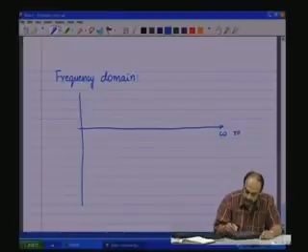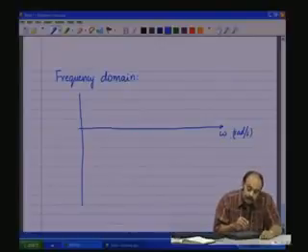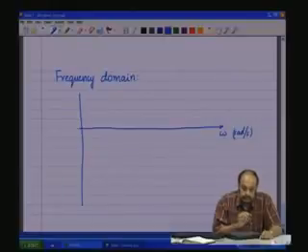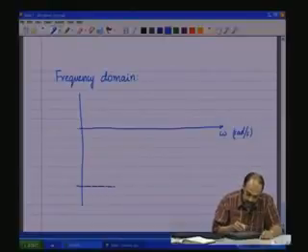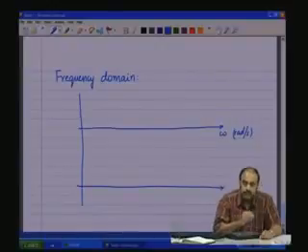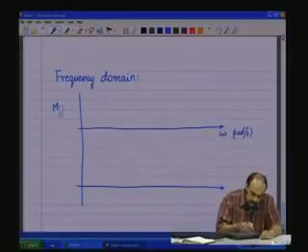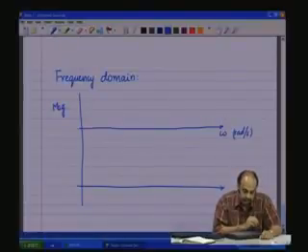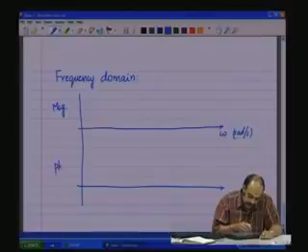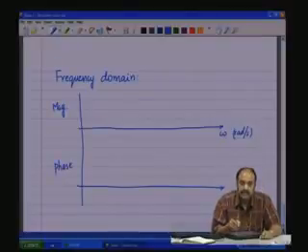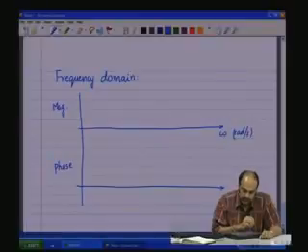Omega is basically the radian frequency. Here there are two major plots that need to be viewed. One is the magnitude plot, and the other is the phase plot with respect to the frequency omega.